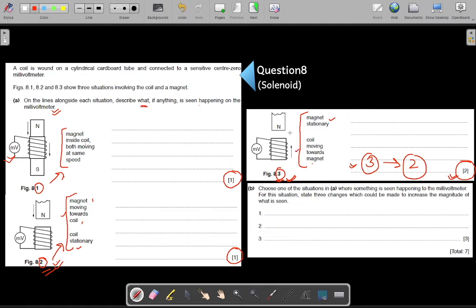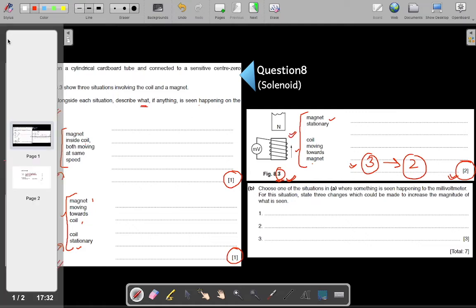Again, they are moving close towards each other, so you can say that the deflection is in the same direction. Earlier also they were moving towards each other, and here also they are moving towards each other. So the deflection is in the same direction.